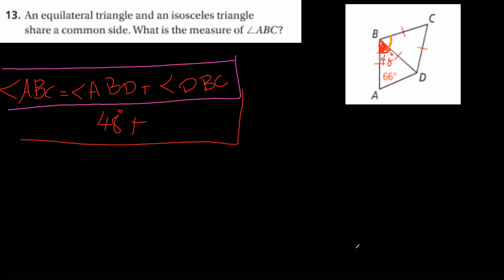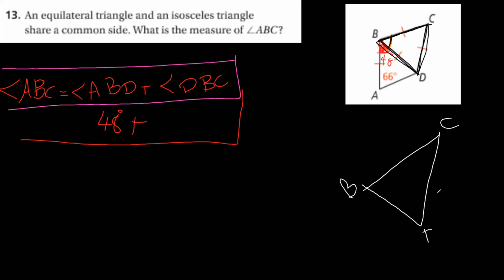Because of that, I told you that if I need ABC, I need ABD plus DBC. Where is the angle DBC? It is inside this triangle. So I remove this triangle and write it here as C, B, D, and here is my angle.